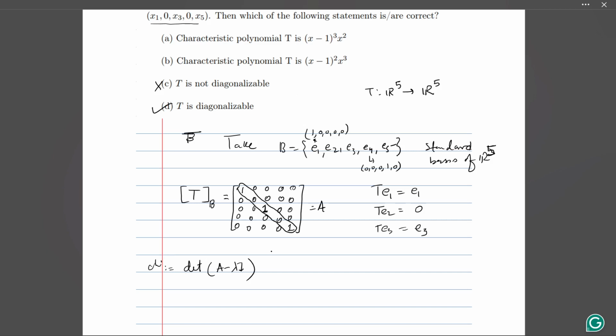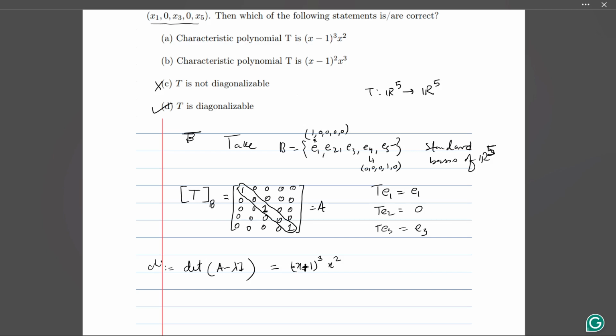And what is it? x minus 1, this is 3 times, and x squared, 2 times. Okay, so it was 1 minus x 3 times, but I'm writing x minus 1 3 times while writing the characteristic equation.